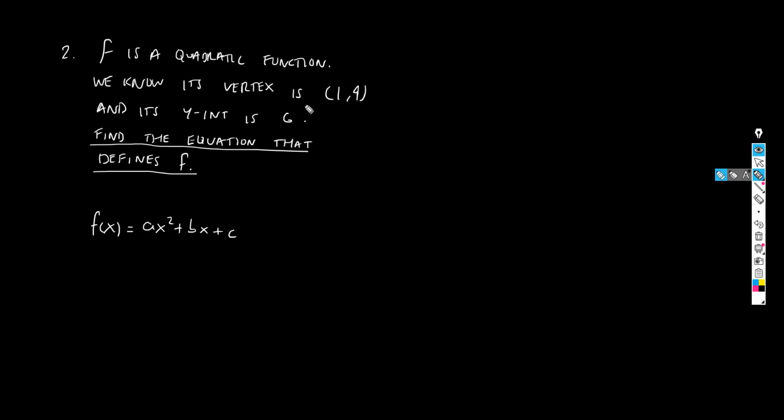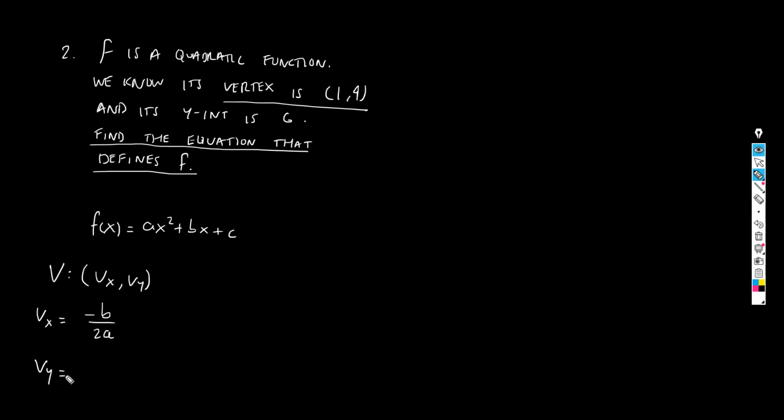Okay, so let's see. How do I use the vertex in my problem? What I can do is the following. I know that the vertex has coordinates Vx and Vy. And I know that the coordinate Vx is given by the formula minus b over 2a, where b and a are the coefficients of my function.